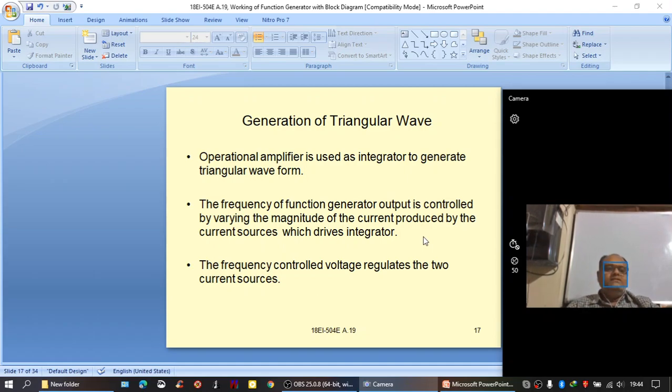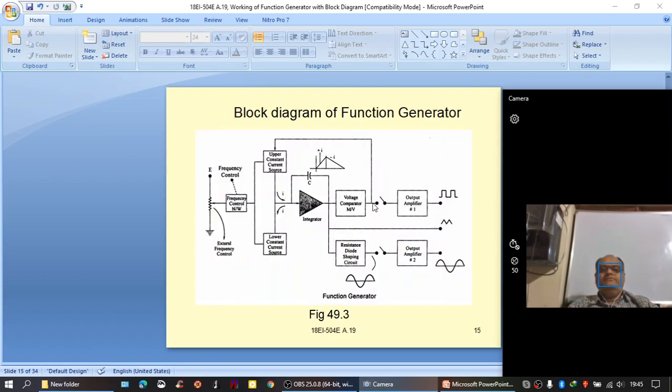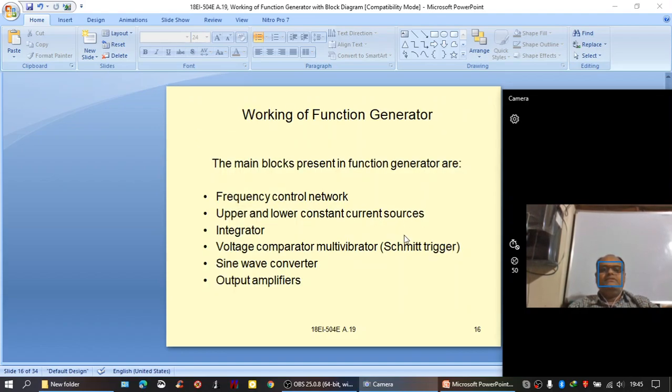The higher the current, the lesser is the time period, the more is the frequency. Vice versa, the lower the current, the higher is the time period and lesser is the frequency. The frequency controlled voltage, that is this one here, controls the two constant current sources.